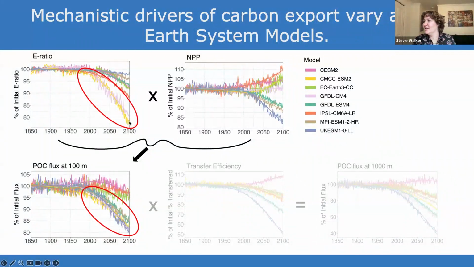We have the CMCC model and the GFDL CM4 model that have these really large projected declines in e-ratio, which is driving a larger decline in POC flux at 100 meters. So the takeaway here is that there's multiple ways to get your rates of POC flux decline at 100 meters. Sometimes e-ratio is the dominant driver, and sometimes MPP is.